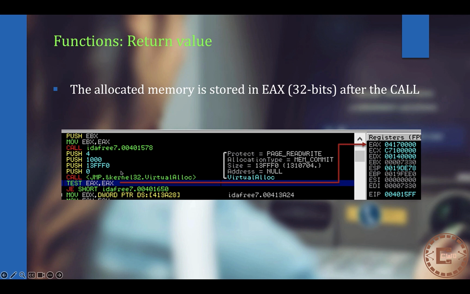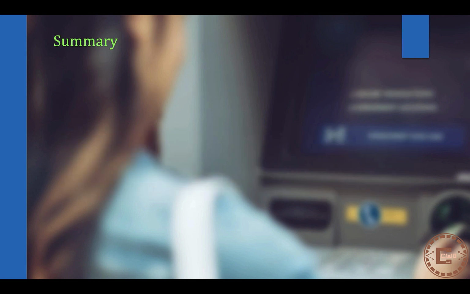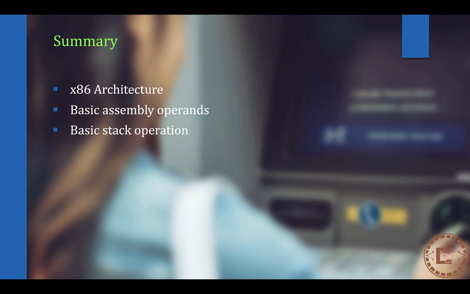Okay, guys, we summarize everything into this window of what we have learned in this class. We learned quickly about x86 architecture, the functions, the calling conventions, assembly code, basic assembly operands, and basic stack operation, mainly for 32 bits, but it's very important for you guys to understand the stack.